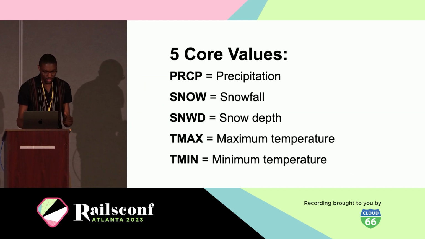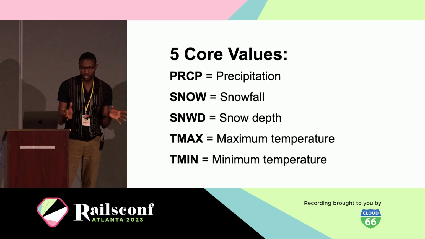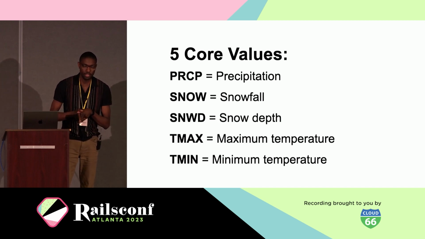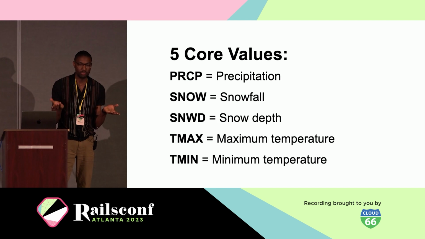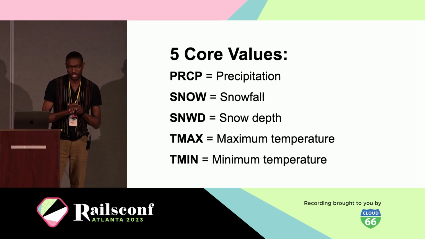That would have been these values: precipitation, snowfall, snow depth, and the minimum and maximum temperature. I just reduced the number of parameters that we're using to predict, just to simplify it. There's not as many things there, and you can see it in the project.